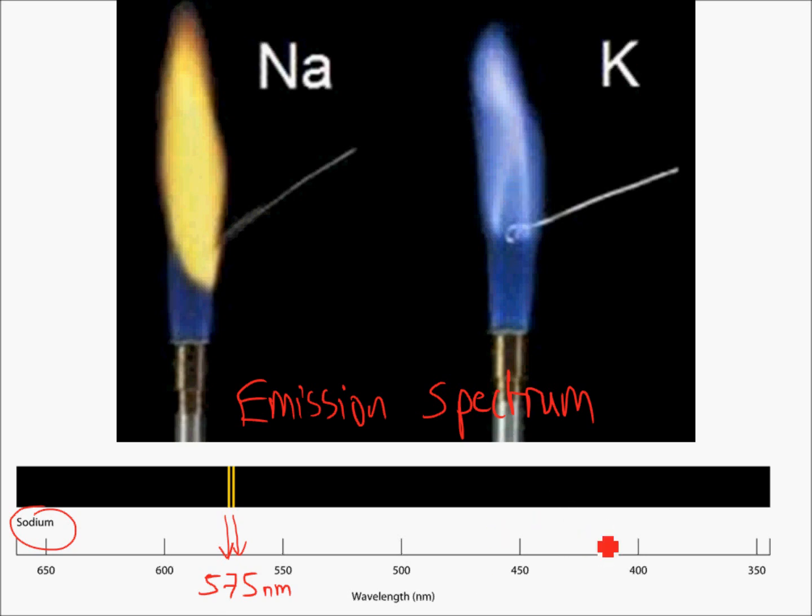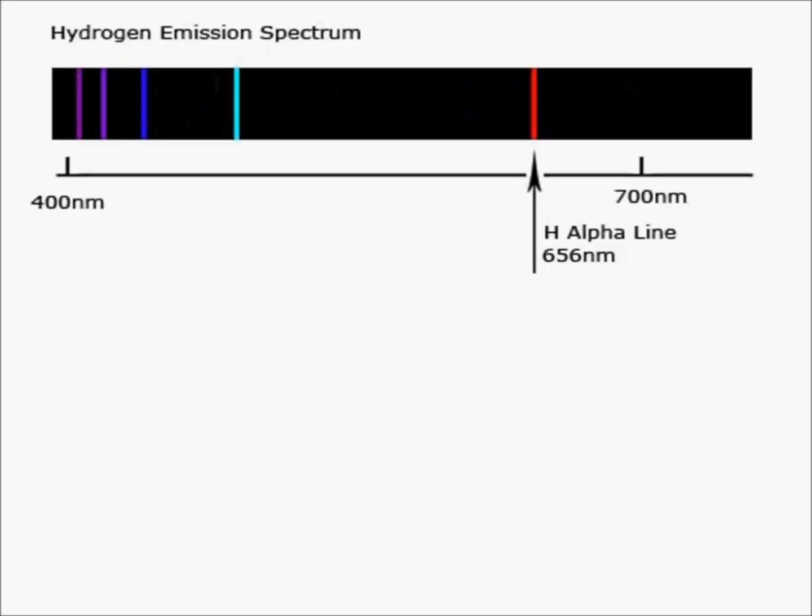And we find this with all different types of elements. Here is an emission spectrum for hydrogen, and if you burn hydrogen in an open flame and put the light through a spectrometer, you produce this spectrum, and it has very specific wavelengths that correspond to that element. Now all different elements produce very different looking spectrums.